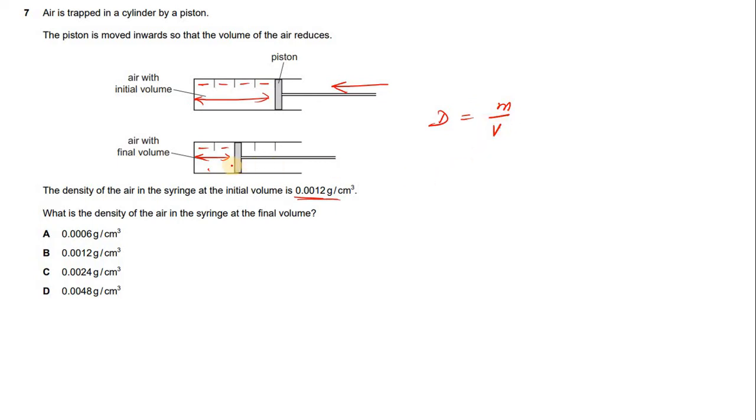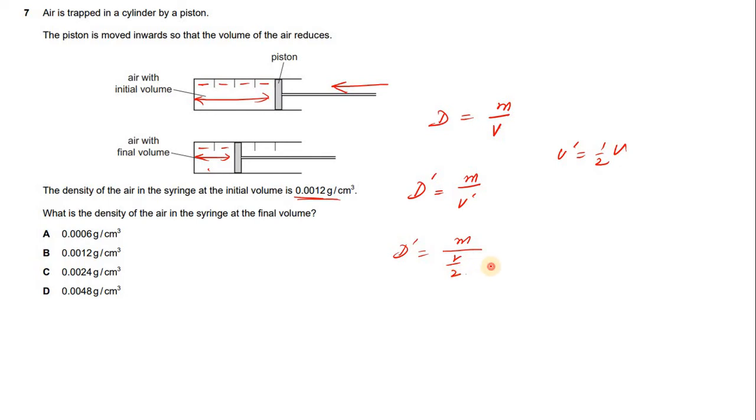So this is the original density D when you have the initial volume V. And the new density D dash will be mass over new volume V dash, and this new volume is half of the previous volume. So D dash is equal to M divided by V dash, and V dash is half of V, or V by 2.